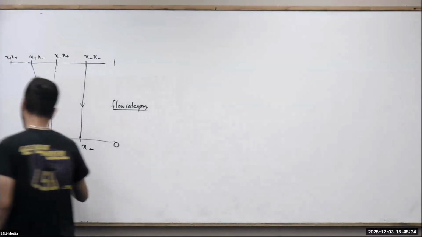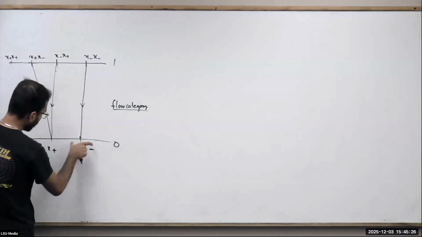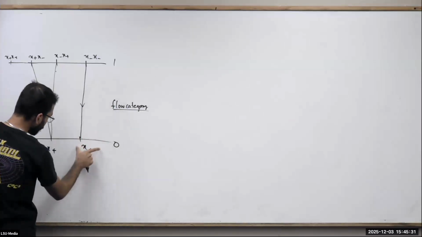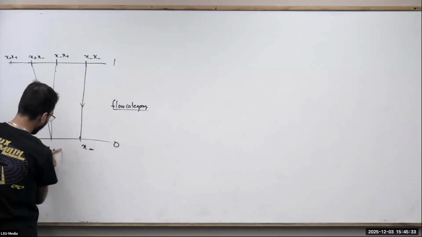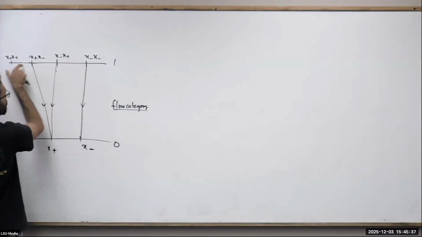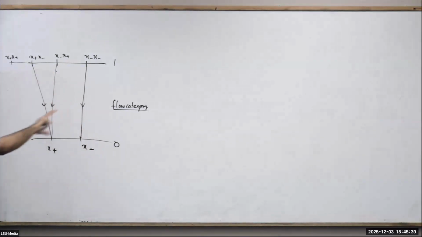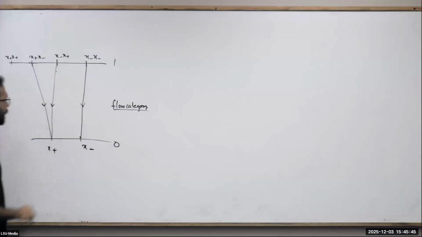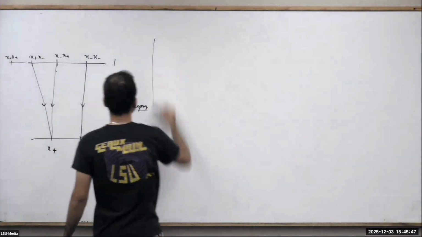The idea is, for lower dimensional, 0 is lower than 1, right? So you choose a lower dimensional cell for each of these generators, and a higher dimensional cell for each of these generators, and attach the higher dimensional cells to the lower dimensional cells by using these flows as your attaching maps. That's essentially the idea. Let me show you hands-on.